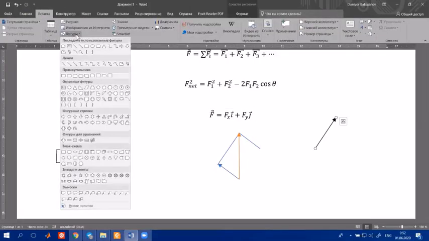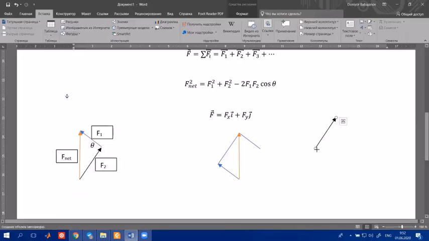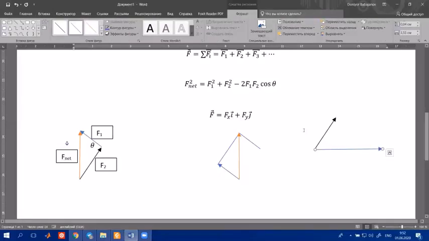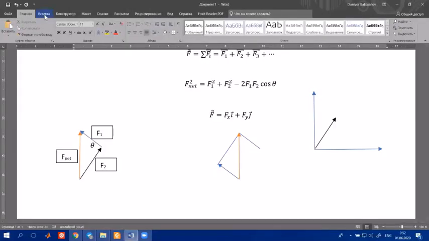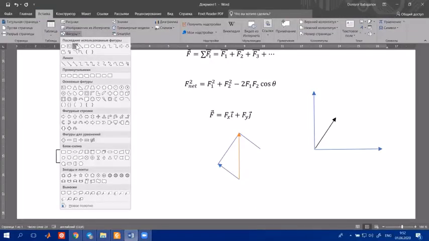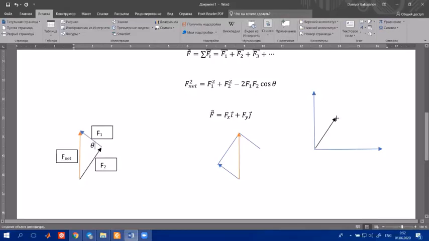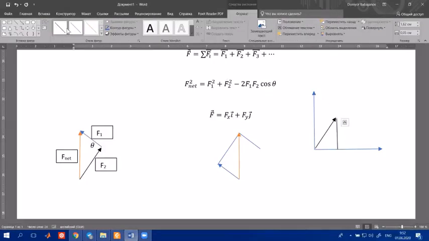So what are its components? X and y components. This is the horizontal x-axis, and vertical is the y-axis. We can find its projections to x and y coordinates. This is the projection of this vector. So what are components?